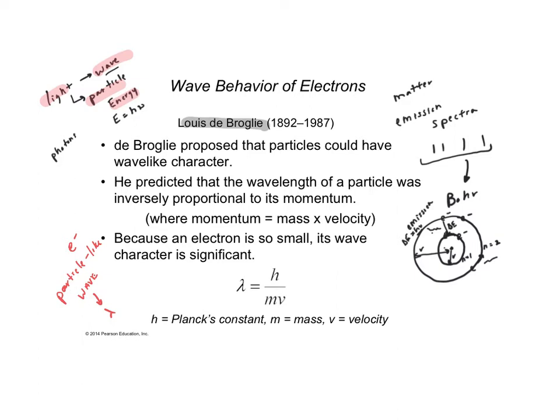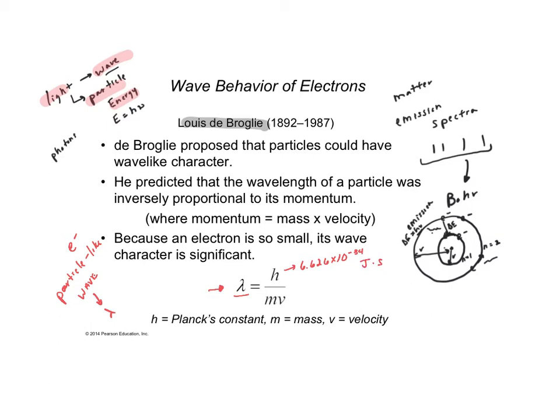And so he hypothesized this equation. This is called the de Broglie equation. In this equation, what he said was the wavelength of an electron, or the wavelength of anything, really, is equal to h, which was, again, Planck's constant. So this is 6.626 times 10 to the minus 34th joule seconds.